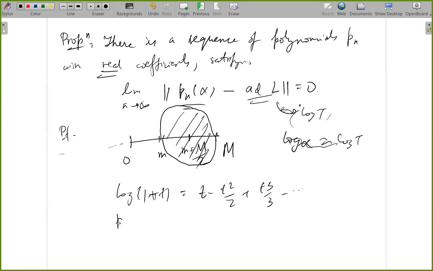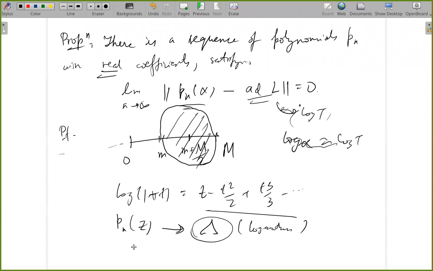Okay. So anyway, we have a sequence Pn, just truncating this, so that Pn of Z goes to a logarithm of Z. I'm just choosing one such branch and calling it a logarithm. Pn of Z goes to lambda.